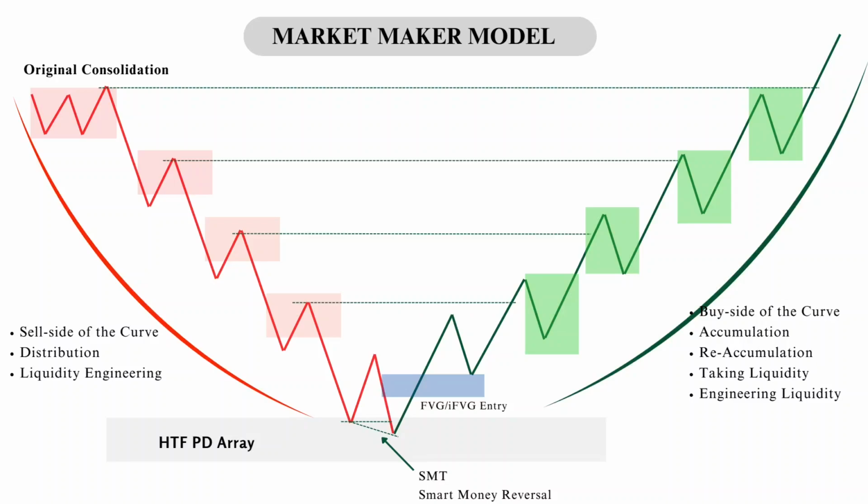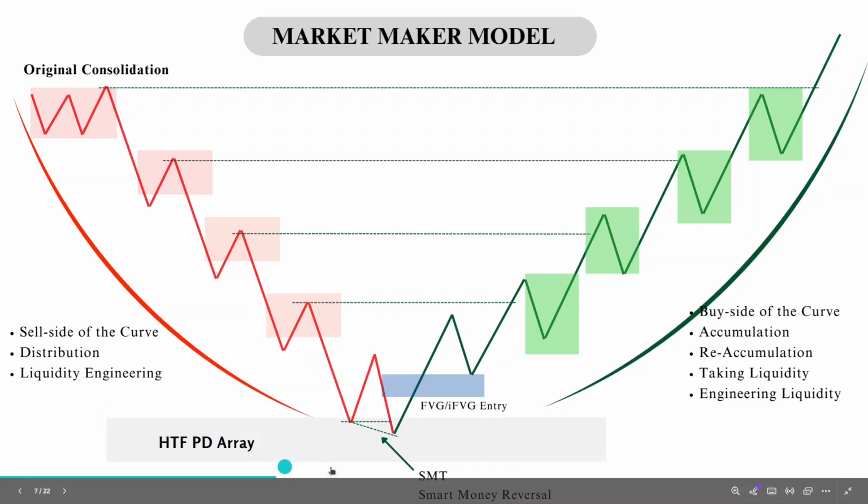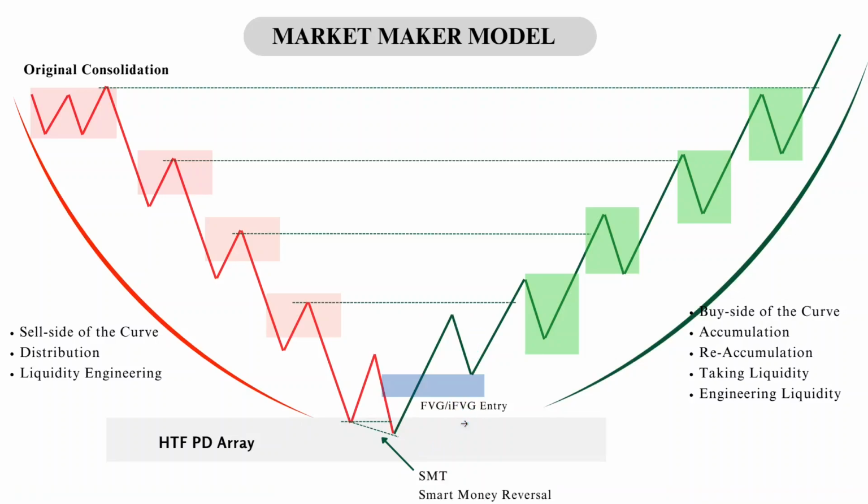So in this example, the market comes down engineering liquidity in this range, and when it comes here, it enters into a PD array of a higher time frame. When it enters the higher time frame PD array, what we see here is a smart money reversal.